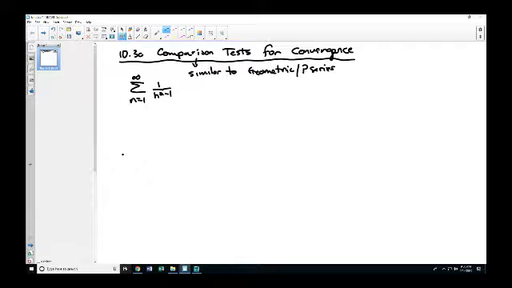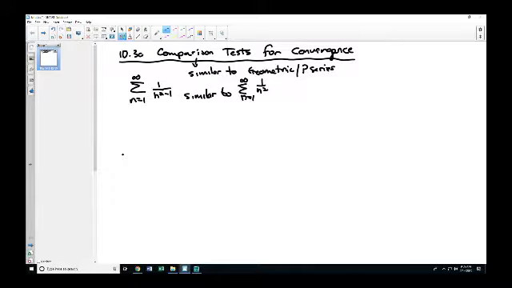But it's very close to 1 over n, right? What p-series is it close to? That's right. So we're going to compare the two series. Do we have the definition of geometric and p-series?